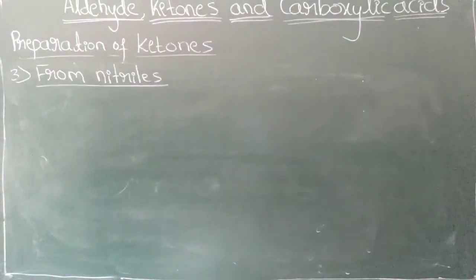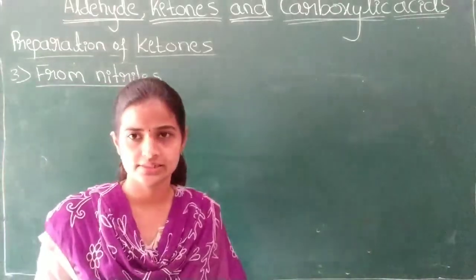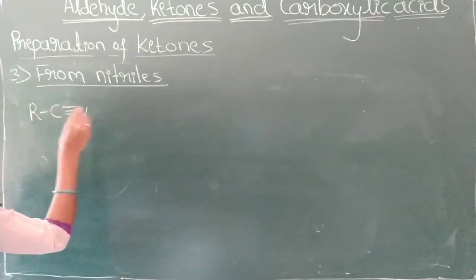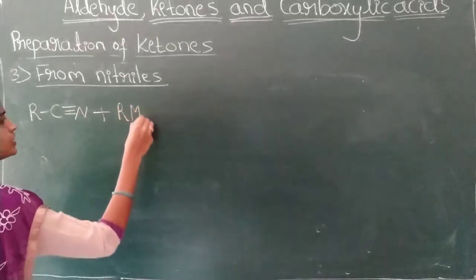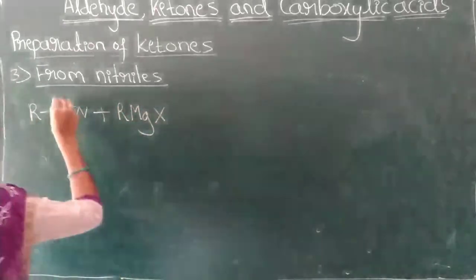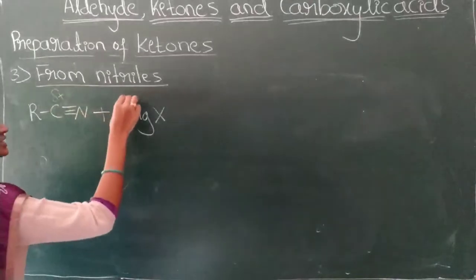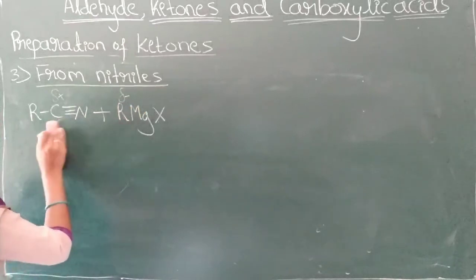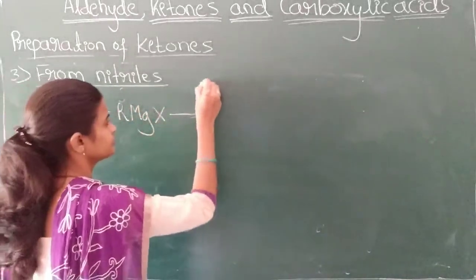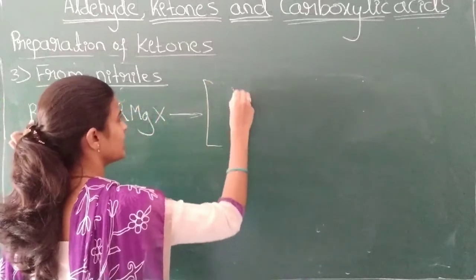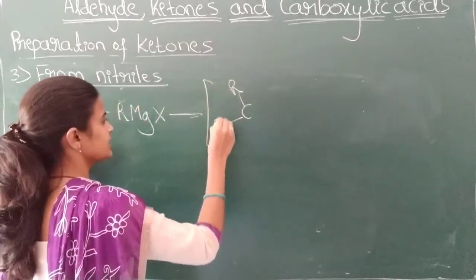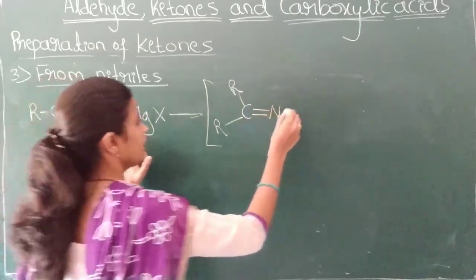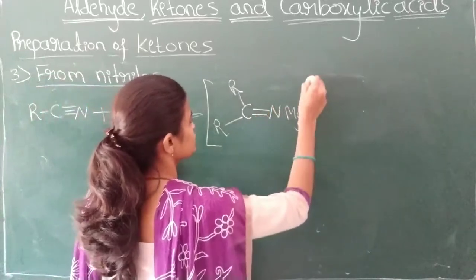The third method for the preparation of the ketones is by using nitriles. Nitriles are C triple bond N. When these nitriles are treated with Grignard reagents RMgX, this carbon gets a partial positive charge and this nitrogen is partially negative. The partially negative R attaches to this carbon atom, to which one R is attached already and a new R is attaching. The C triple bond N becomes C double bond N, and MgX remains attached to it.